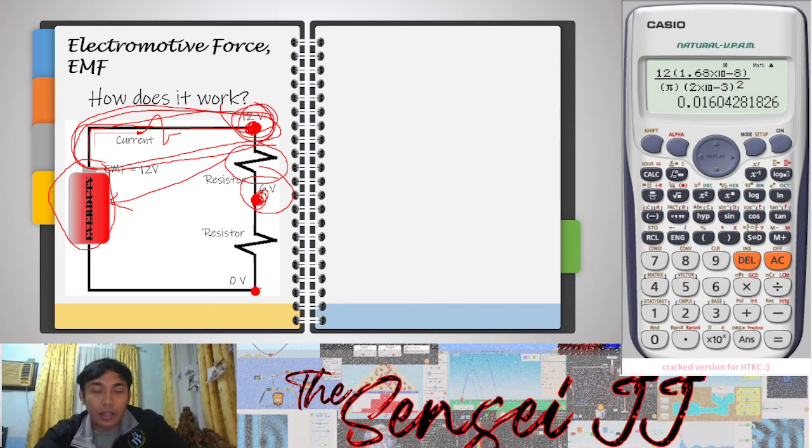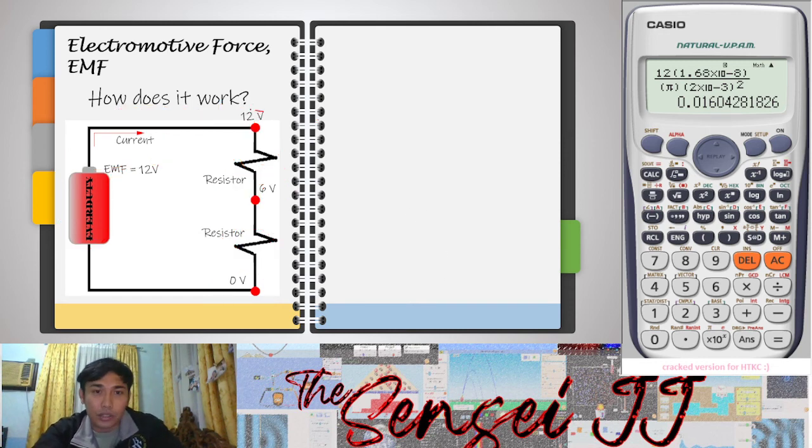So, sir, why is the last dot zero voltage? If you guessed that the resistor has already eaten some of the parts of our battery, you are correct. Same reason as in our first resistor: this resistor is already taking part of the dry cell battery that is giving 12 volts.